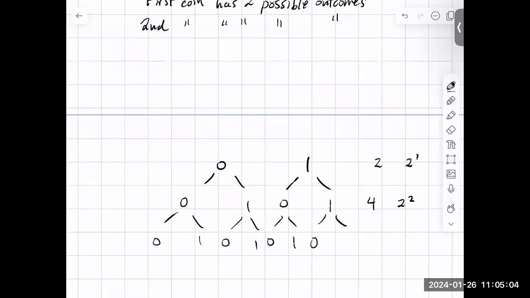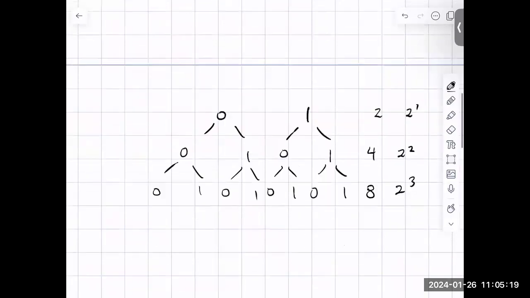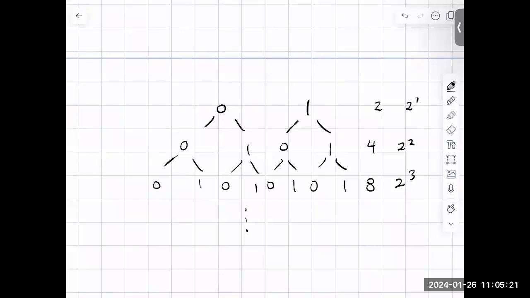Every time we add 1 coin to our handful that we toss up, we increase the number of possible outcomes by 1 factor of 2, or 1 power of 2. And so we would keep going until we got 2 to the n possible outcomes. So for n coins, we have a total of 2 to the n outcomes. All right, that's easy enough.